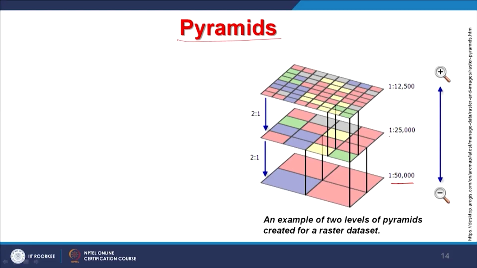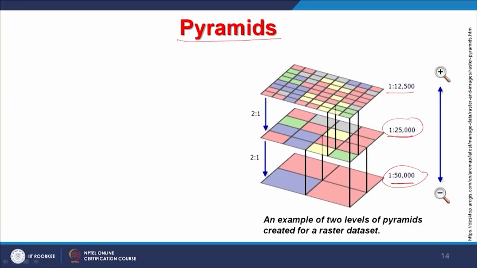But if I zoom in, then my scale is changing. From a small scale I am going towards a large scale, and then the number of pixels will be more, which will cover a smaller ground area. And if I zoom further, then I am going for a still larger scale, and more pixels will be displayed on my screen.